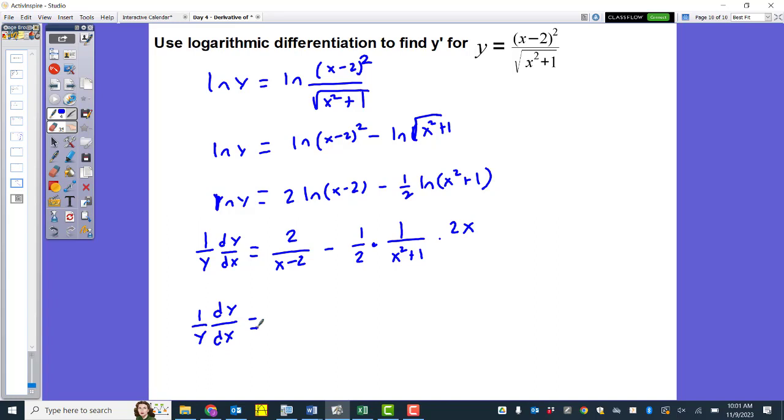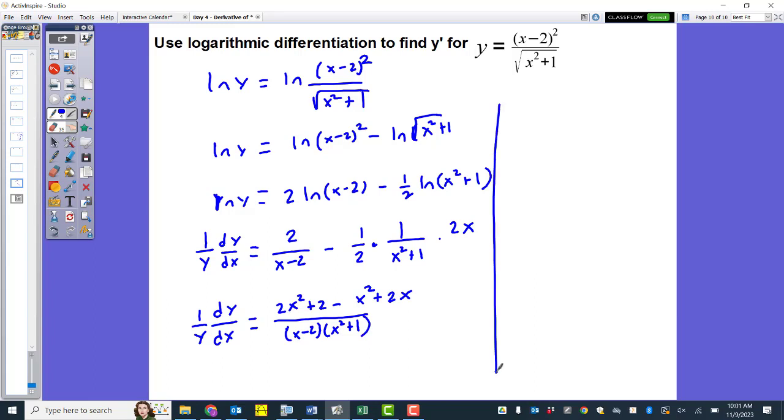And we need to get common denominator, so we end up with 2x squared plus 2 minus x over, minus x squared plus 2x over, and then x minus 2 times x squared plus 1.